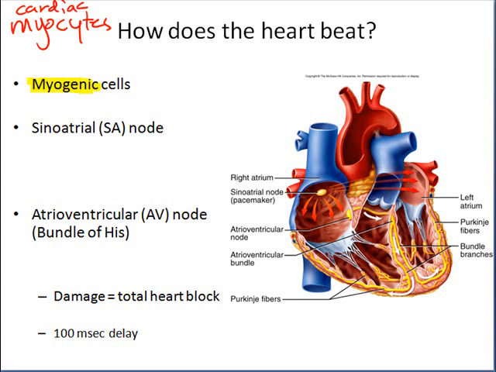And these myogenic cells, their job is not to contract, rather their job is to generate an action potential. It's actually called a pacemaker potential, because we're talking about the heart, and these are cells that are responsible for the development of contraction in the heart muscle. They are what stimulate the other myocytes in the heart to contract.